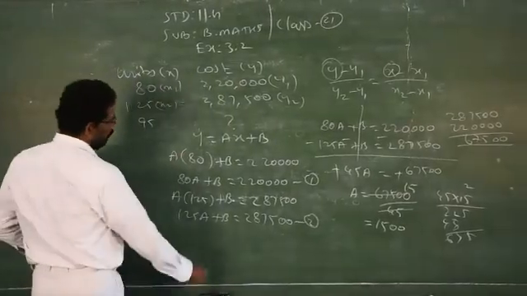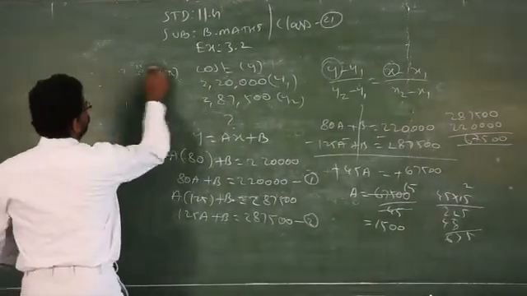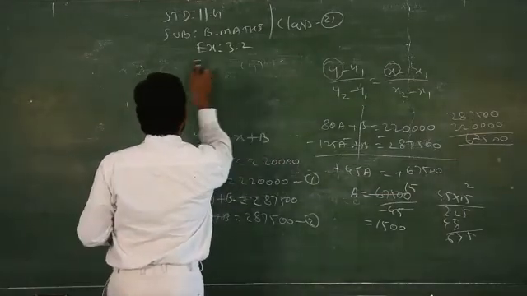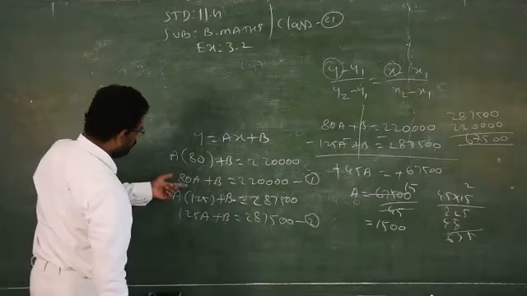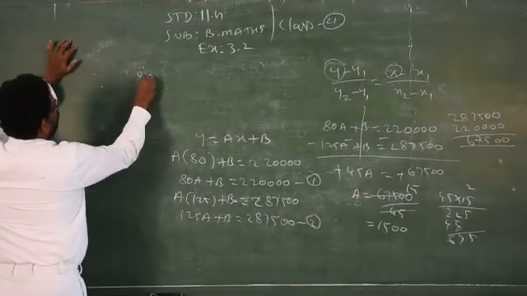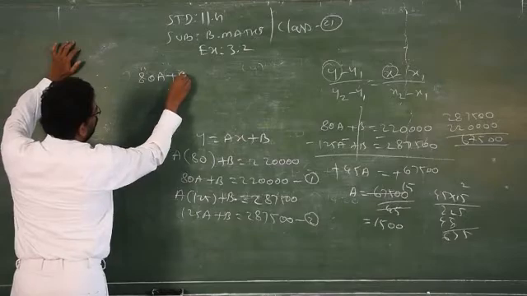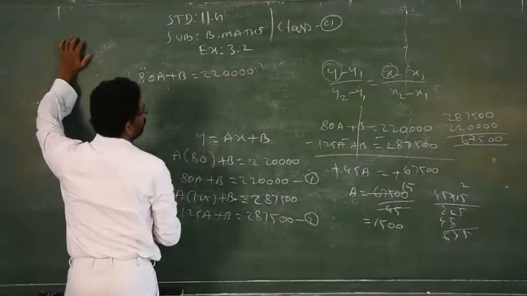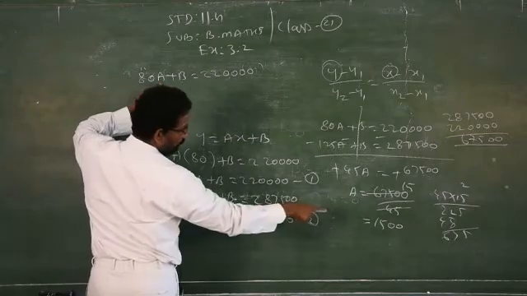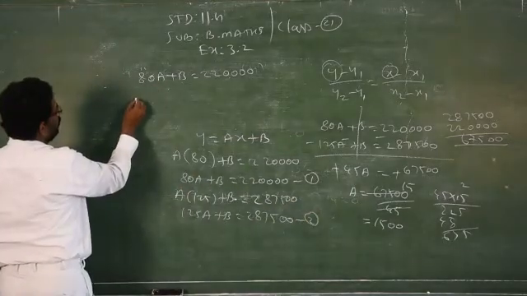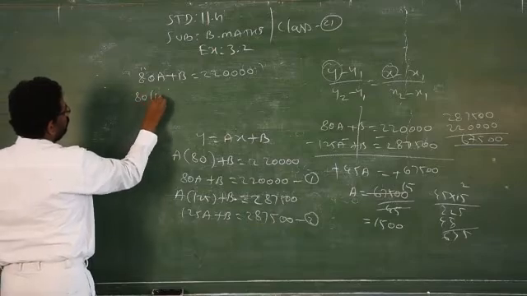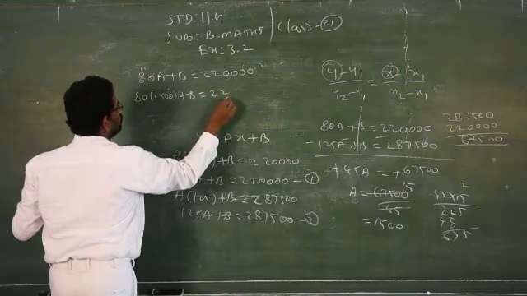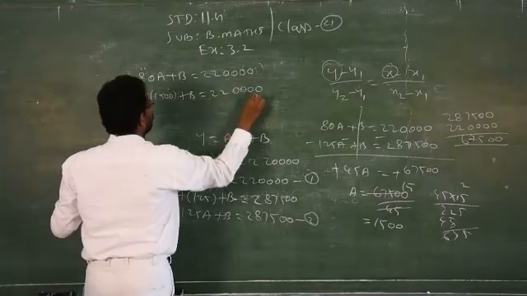So I know the value of A. Take any one of these two equations, you will get the same answer. I am taking the first one: 80A plus B is equal to 2,20,000. In place of A, I replace 1,500. That is 80 into 1,500 plus B is equal to 2,20,000.